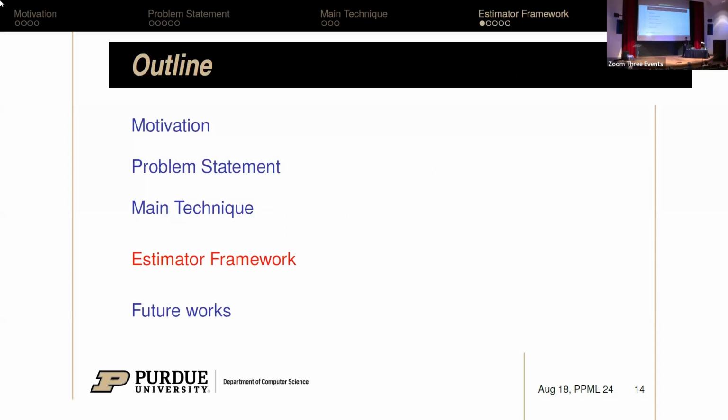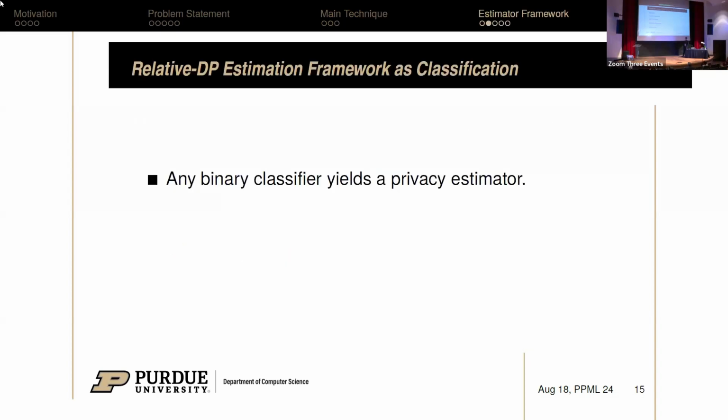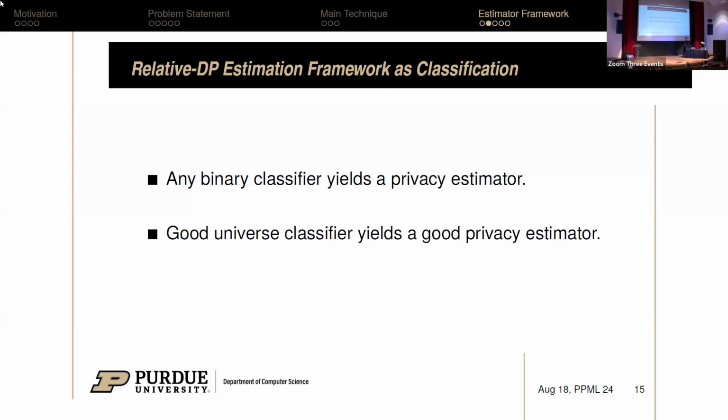So we use this link to propose our estimator framework. It says any binary classifier can be turned into a privacy estimator, and any good universal classifier can be turned into a good privacy estimator. Here, a universal classifier means a classifier that can do well for a large class of classification problems, so we can turn it into a good privacy estimator that can estimate well for a large class of mechanisms.